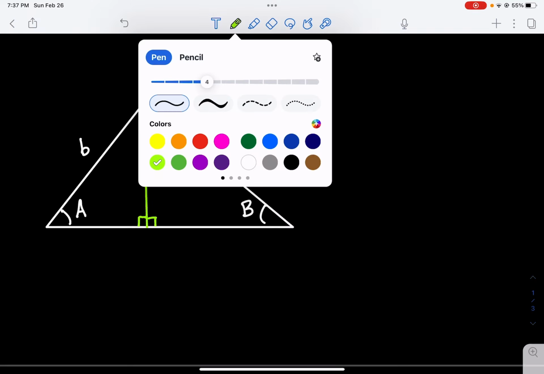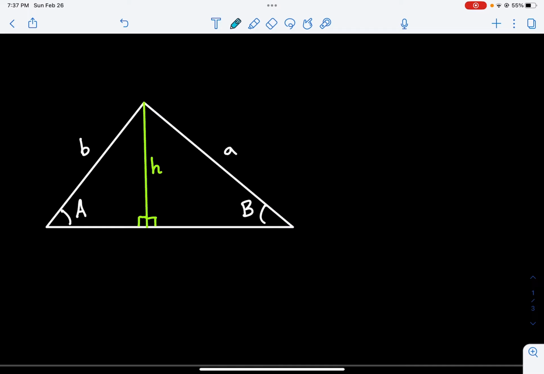You might notice that this new triangle has two right triangles, which if I wanted to use SOHCAHTOA, I could, but I'd have to use them on the individual triangles. So let's say I work on this triangle on the left side. Here's my angle, there's my opposite, that's the h, and here's my hypotenuse.